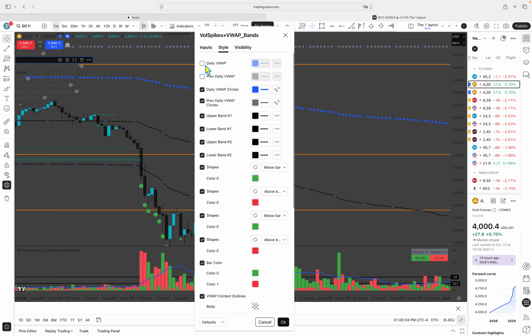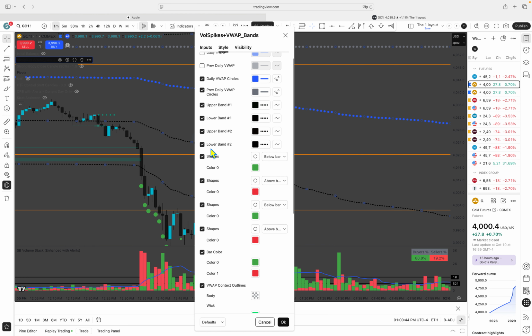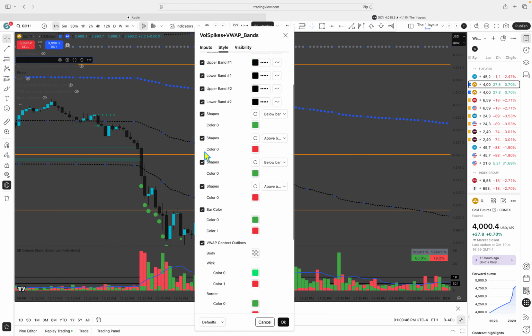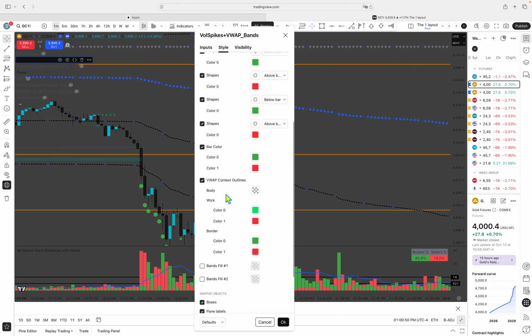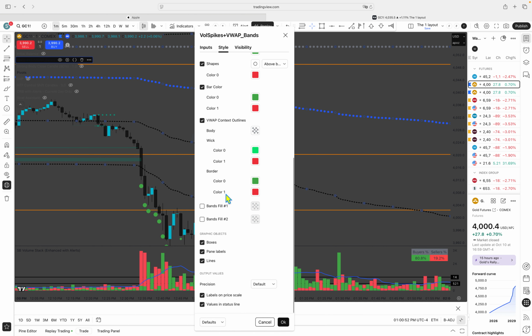It is 2 lines of VWAP. I will turn these off so that way you don't have it. You can set it for your circles, your line, whatever you're more comfortable with. Upper bands on, of course, shapes on, so that way you can see the volume spikes when they occur, whether they're bearish or bullish.